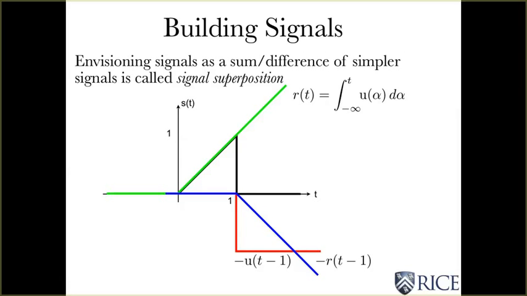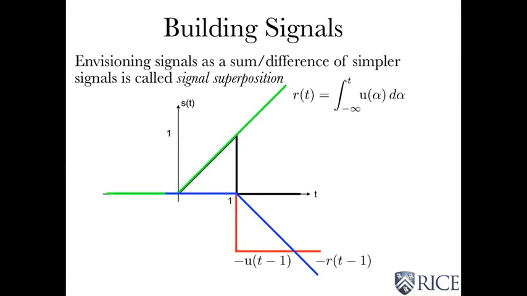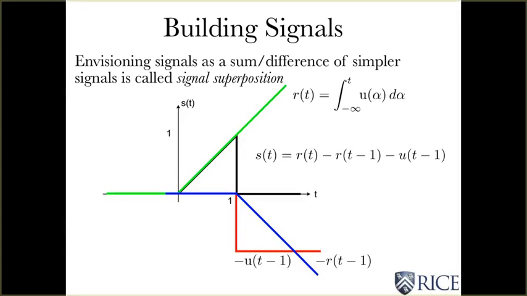So now our blue signal is that delayed ramp. And when you add them all together, you get the black curve. And so our final expression for S of t is that it's a sum, a superposition of elementary signals. It has a ramp delayed, and it also has a unit step.